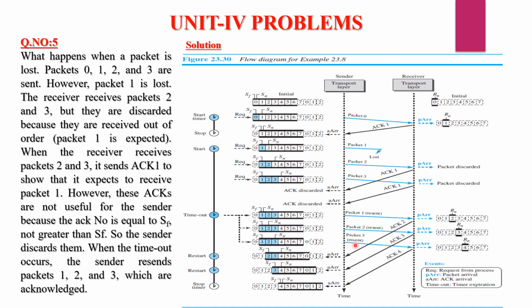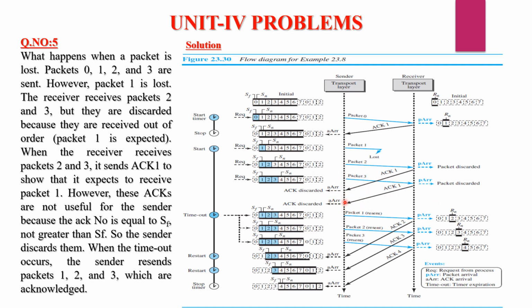The receiver receives packets 2 and 3, but they are discarded because they are received out of order. The receiver expects packet 1, but here it receives packets 2 and 3. So, it sends acknowledgement 1 to show that it expects to receive packet 1. It indicates to the sender that I expect packet 1.